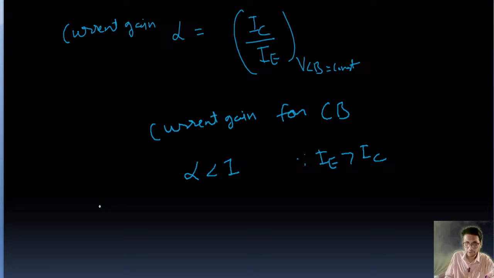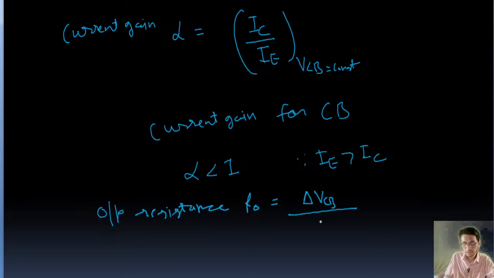And if we talk about output resistance, that is R naught, it is going to be delta VCB upon delta IC.